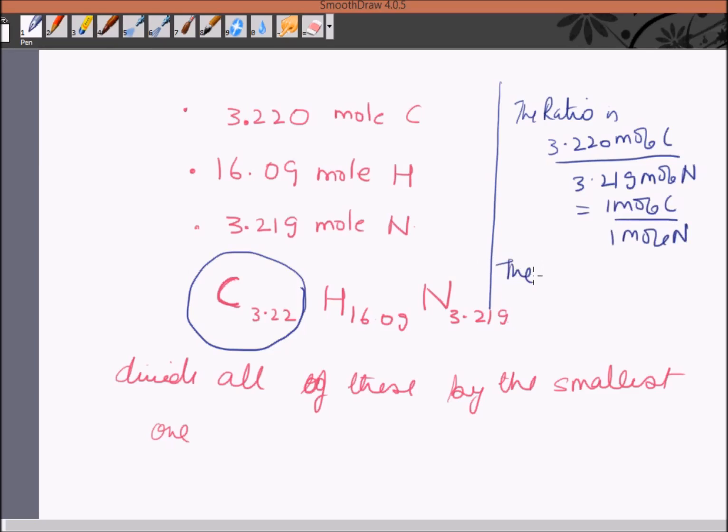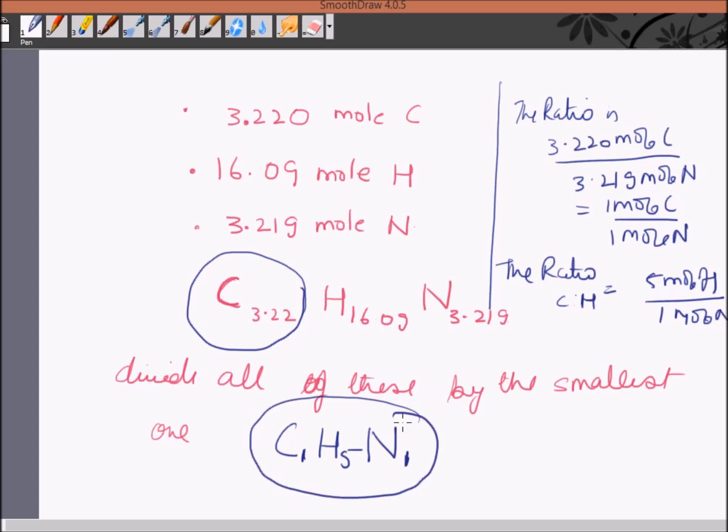And the ratio of hydrogen is 5 moles of hydrogen upon 1 mole of nitrogen. So what is the empirical formula which we get? We get C1H5N1, right? So this is the final empirical formula.